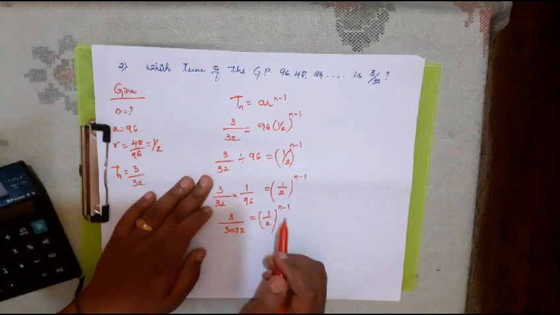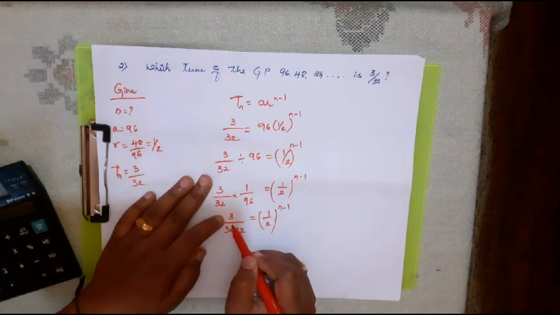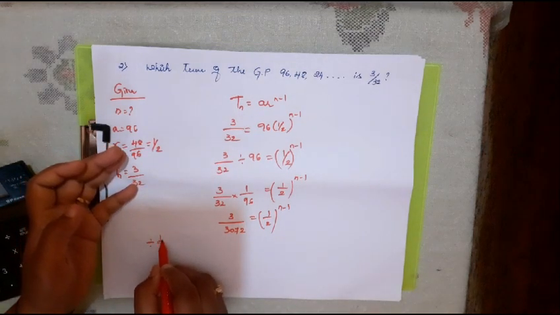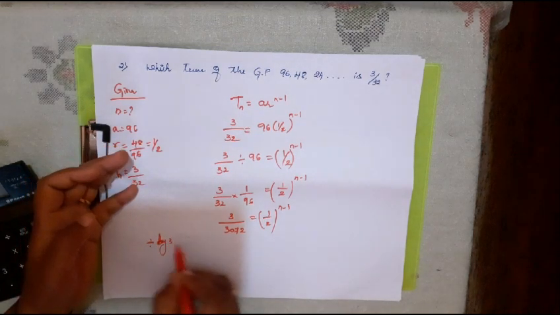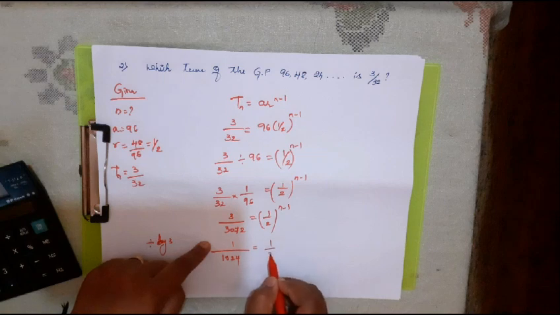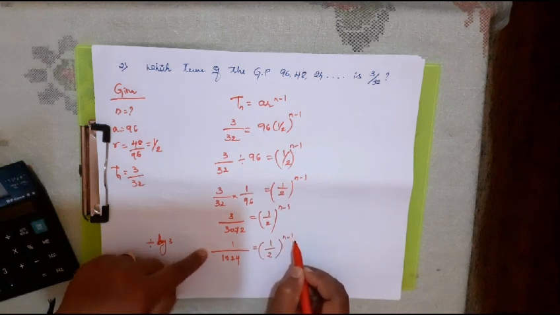Try to divide it by 3, so 1 by 1024 you will get is equal to (1 by 2)^(n-1).